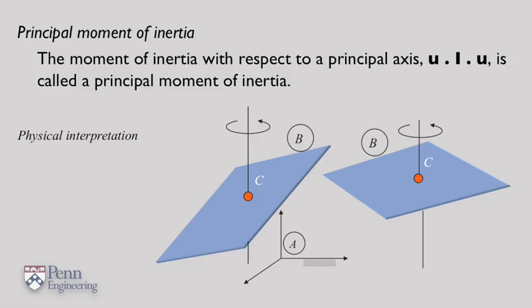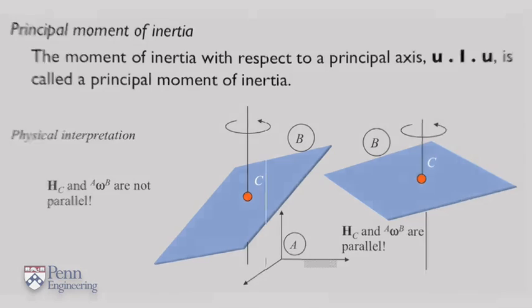On the left side, the configuration is symmetric, but the axis is not perpendicular to the plate. On the right side, if you compute the angular momentum, you'll find that the angular momentum vector and the angular velocity vector are parallel. On the left side, they are not. And this is because the axis of rotation does not coincide with any of the principal axes.